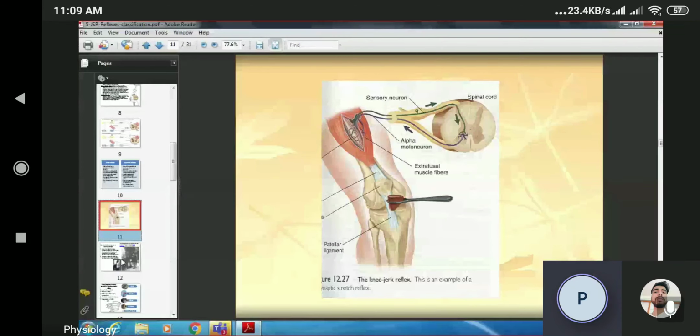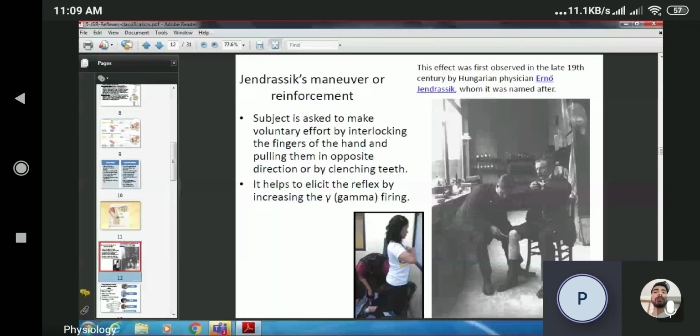We have asked the lady to interlock the fingers of both hands and then stretch them apart. You can see in this picture also the gentleman is interlocking the fingers and the examiner is doing the knee reflex. Here, the ankle reflex is being done. So this is known as the reinforcement of Jendrassik's maneuver. The subject is asked to make voluntary effort by interlocking the fingers of the hands and pulling them in opposite directions, or we can ask the subject to clench the teeth.